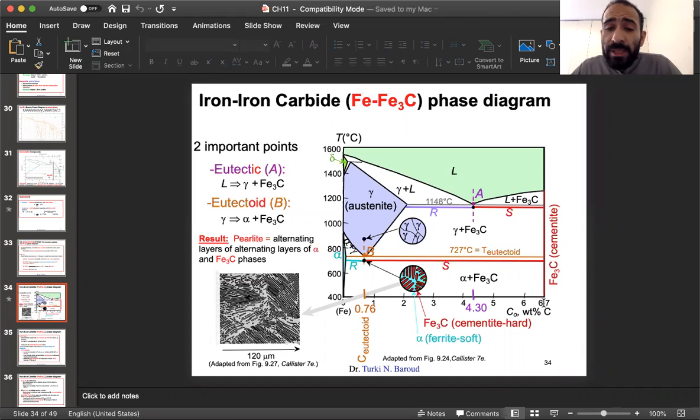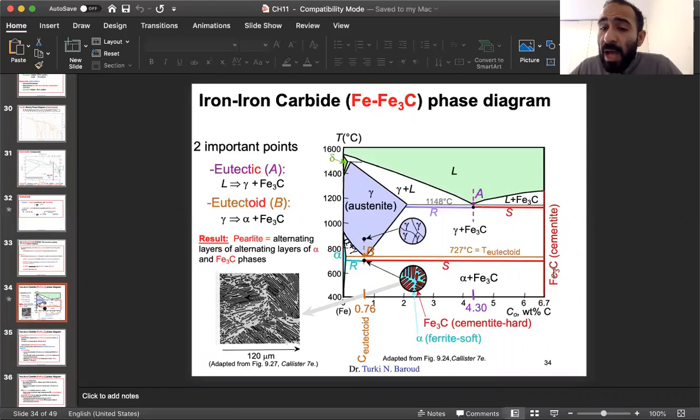But the question here is, what can we learn from this phase diagram? First of all, if we cut at 6.7, I would like to point out that at 6.7 weight percent you have something very special. If you have 6.7 weight percent carbon and the remaining is iron, you get an intermetallic compound called cementite, or iron carbide.